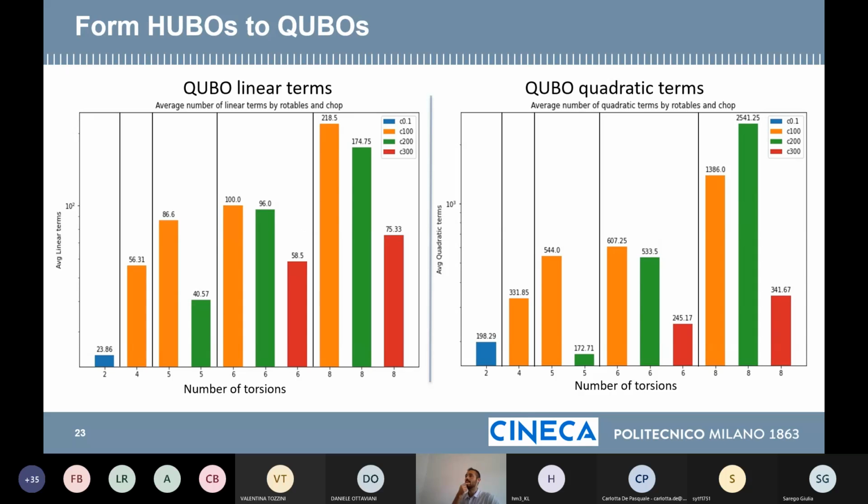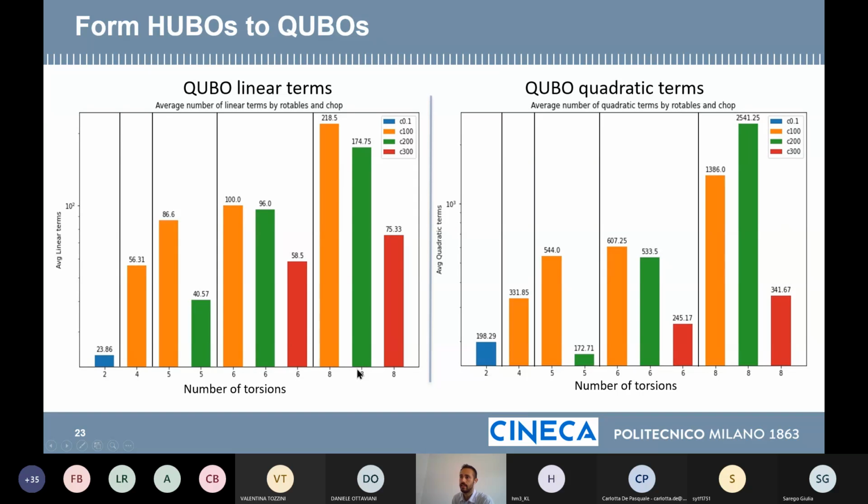This is how the linear terms and the quadratic terms changed with the QUBO. Here we apply a number of torsions. You more or less see that the number of linear terms, which means the variables that you need, and the quadratic terms increase with the number of torsions, fixing the same threshold value for the chop inside the QUBO polynomial.